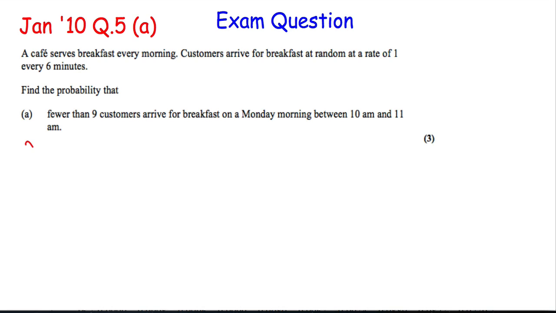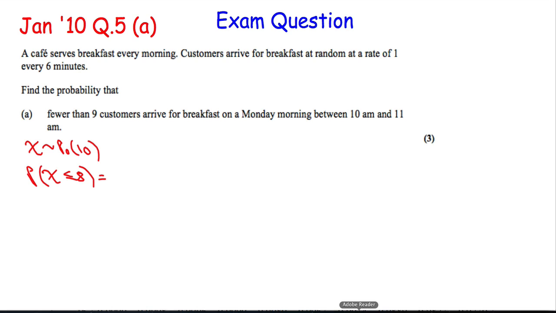So x has a Poisson distribution with parameter 10. Fewer than 9 is going to be less than or equal to 8. So I want the probability that x is less than or equal to 8 when my parameter is 10.